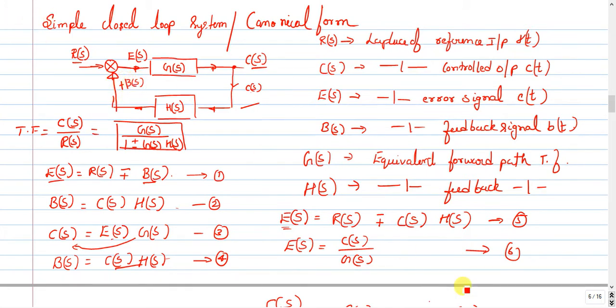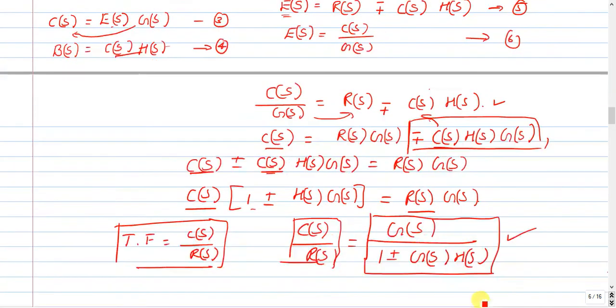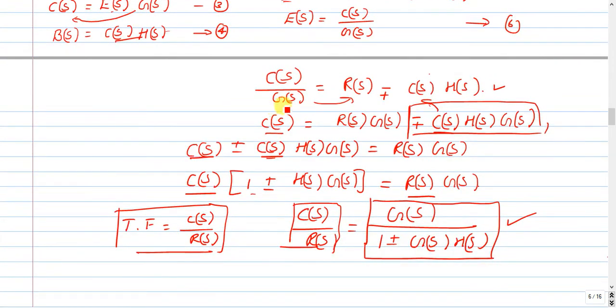So what will happen here? The equation will be C of S is equal to R of S G of S. We have a positive feedback, so I will consider plus C of S H of S G of S. Now I will write in terms of transfer function.